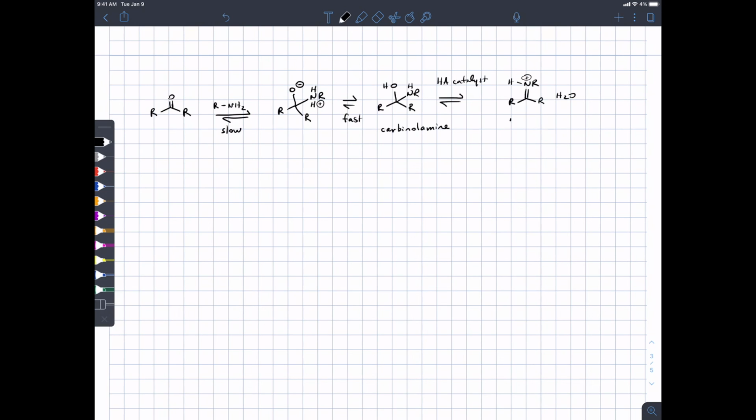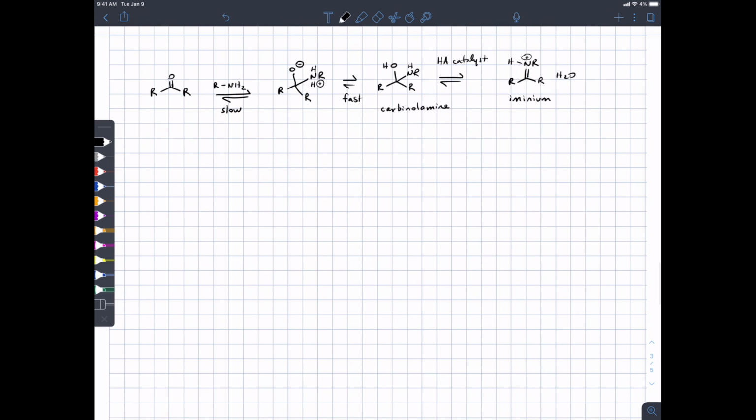And this intermediate is called an iminium ion. And then in the final step, you have deprotonation of the iminium ion to give you your imine, and you regenerate your acid.